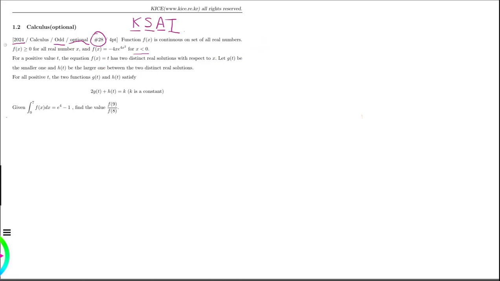The relationship between the negative domain and positive domain is given by the two functions g(t) and h(t), such that 2 times g(t) plus h(t) equals t. k is a constant, and we're going to find the value of f(9) over f(8), given the integration from 0 to x of function f(x) is e to the fourth power minus 1.